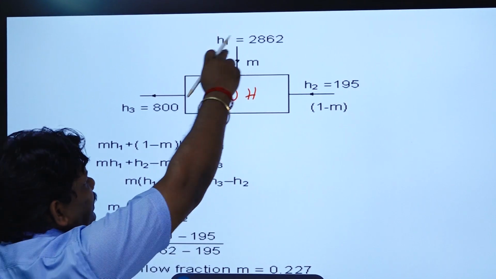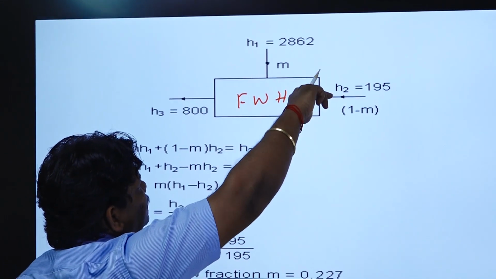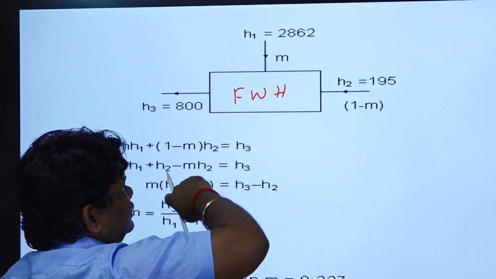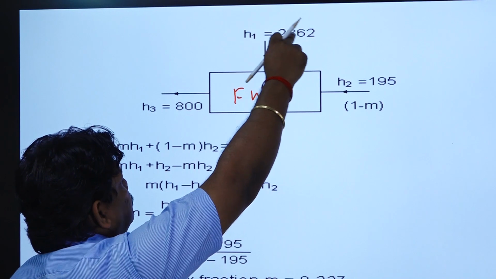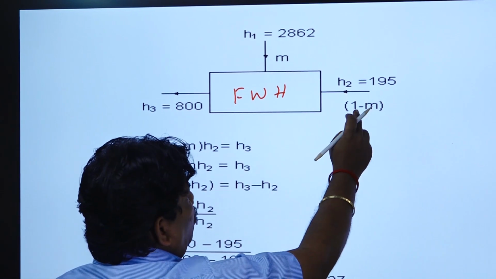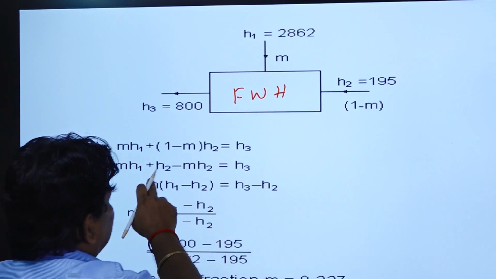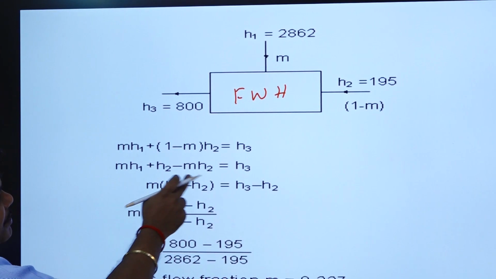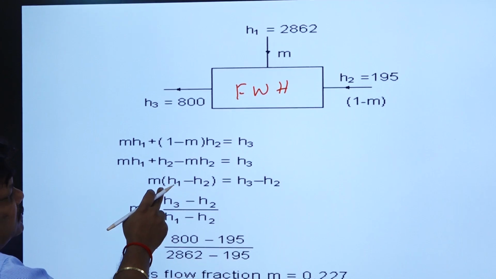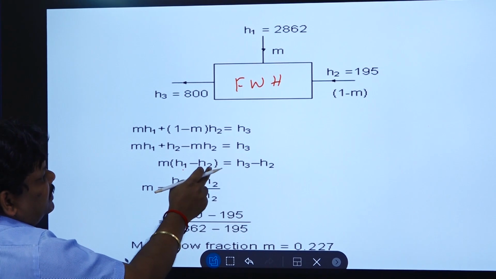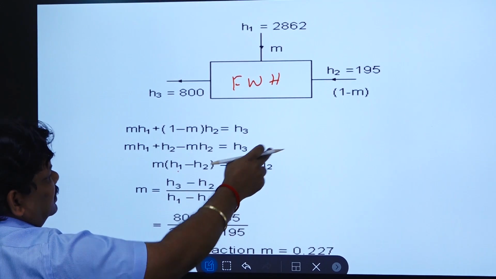Now you have to make a balanced equation. The sum of these two will be equal to H3. So m into H1 plus (1 minus m) into H2 will be equal to H3. Simplify this equation, bringing m to one side: m into (H1 minus H2) will be equal to H3 minus H2.